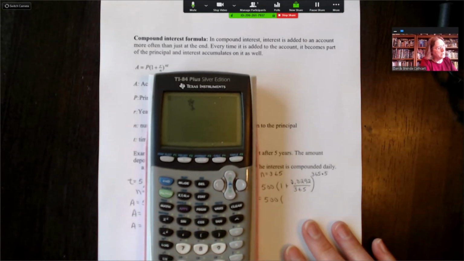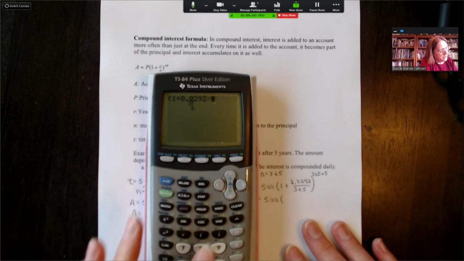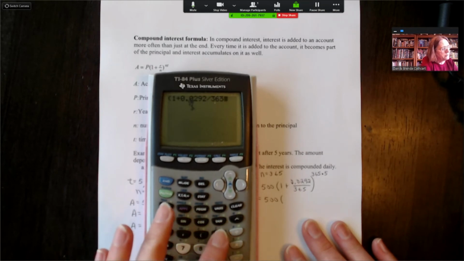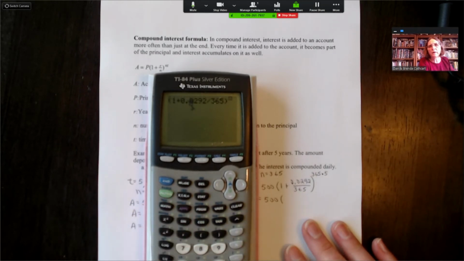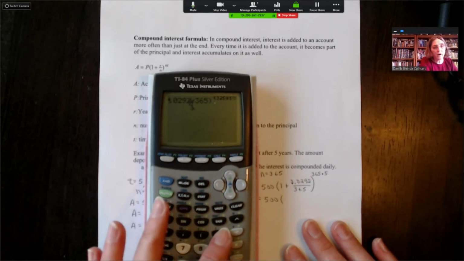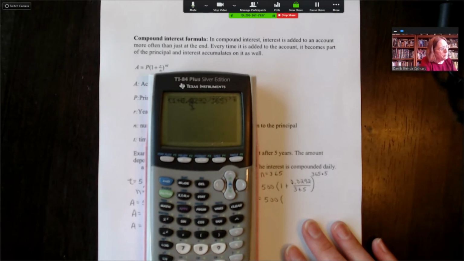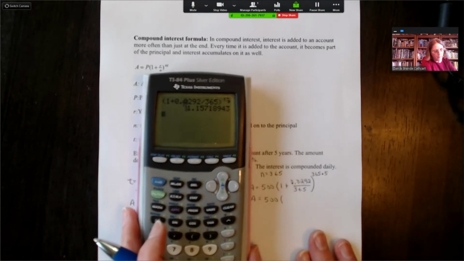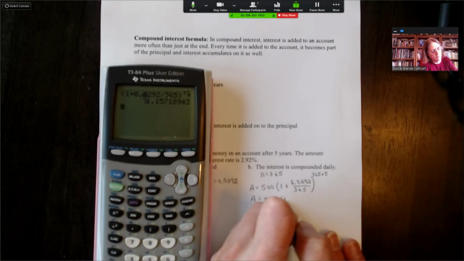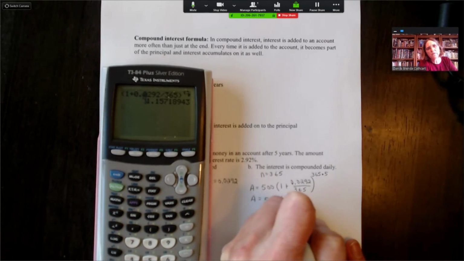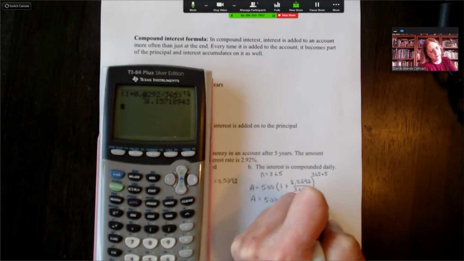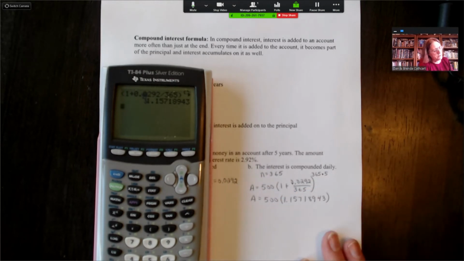We are going to take our quantity 1 plus 0.0292 divided by 365 raised to the power of 365 times 5. And we get 1.157189, and we could have a couple of extra places there.